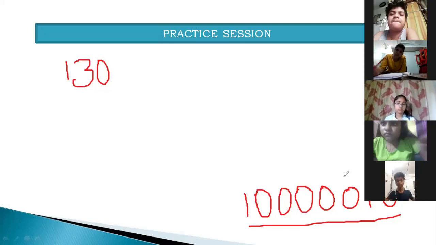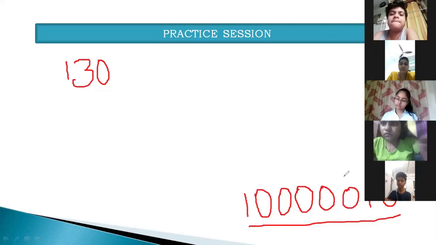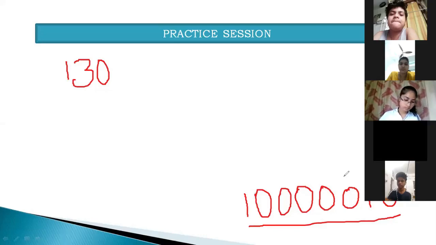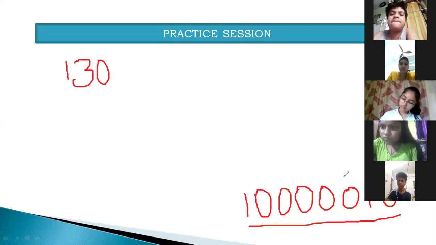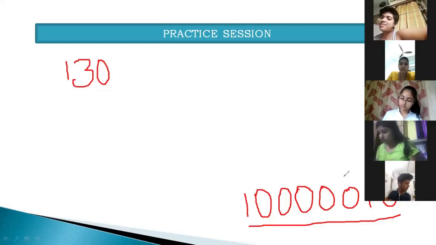Abhinav, same answer, whatever was given by Pooja. Manav, another answer. Okay, there is a fight between 4 zeros and 5 zeros. Otherwise, the rest of the data is the same. So we got two varieties. Either it will be 4 zeros or it will be 5 zeros. Adrika 5, Priya 4.